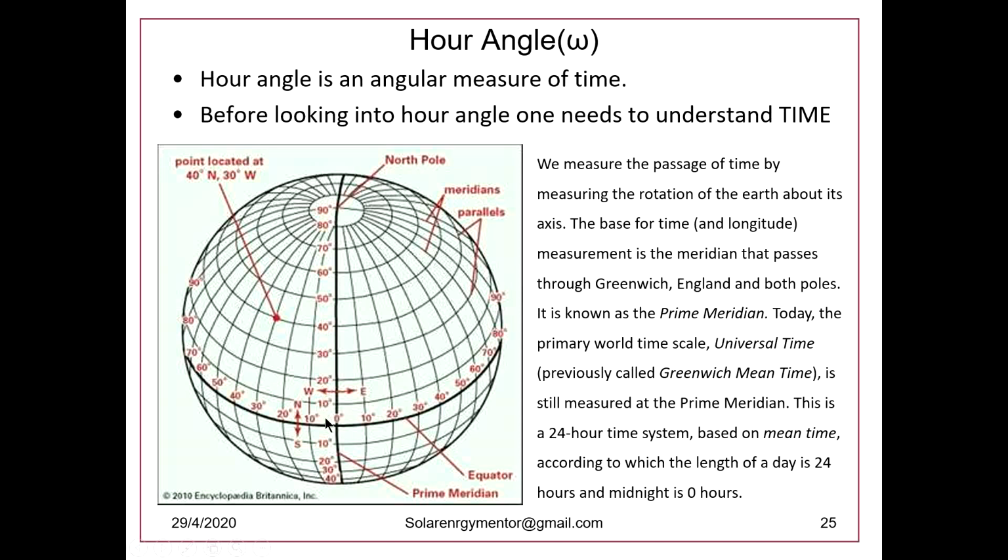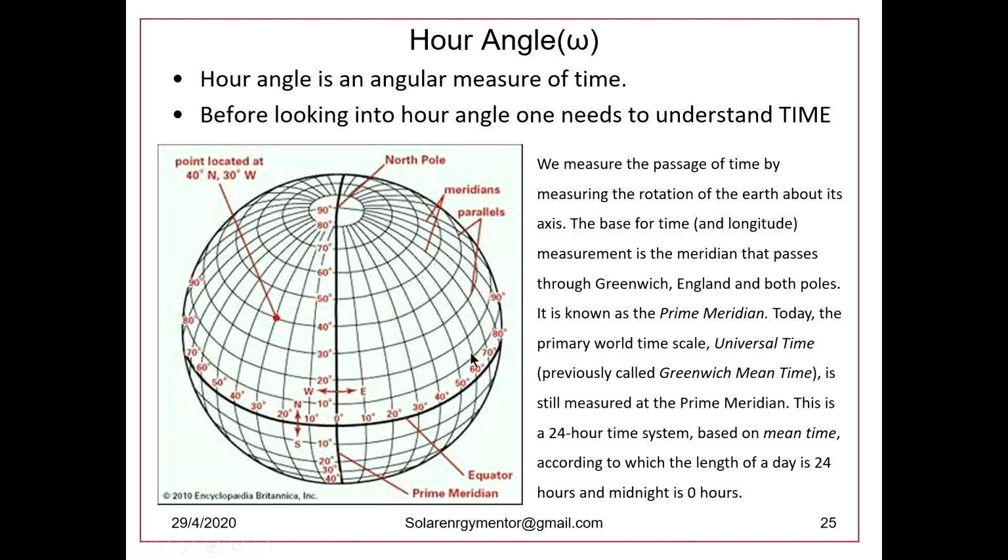So longitude is measured east and west. For example, Pune's longitude is 82.5 east. When I say 82.5 east, it means from the east side Pune is placed at 82.5 degrees. So that's how the horizontal location of any city can be found out using the longitude.